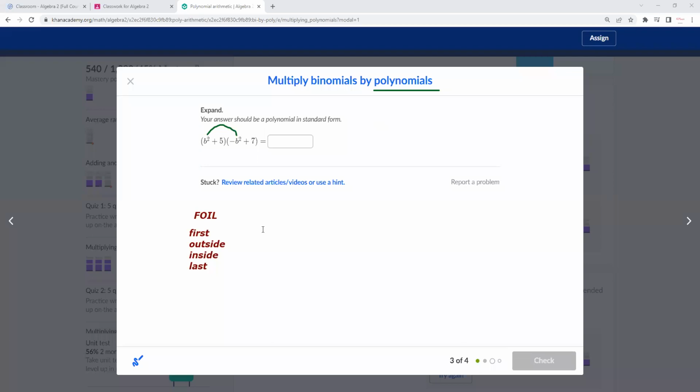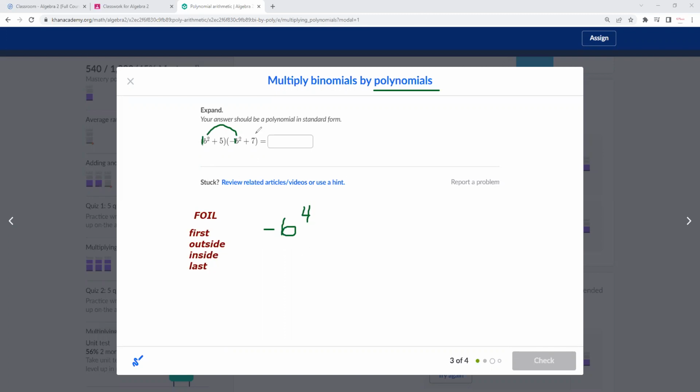This is going to get you a negative b to the fourth. Maybe I should write it because I can't type the exponent. Negative b to the fourth, because 2 and 2 gets you 4. So this is basically a 1 and a negative 1. 1 times negative 1 is negative 1. But we don't write 1s in algebra. It's invisible. So negative b, and like I said, you add the exponents.